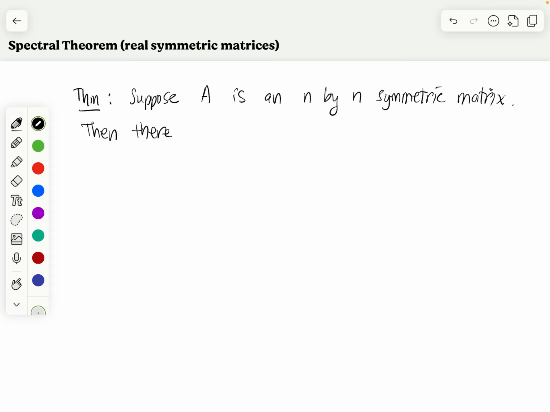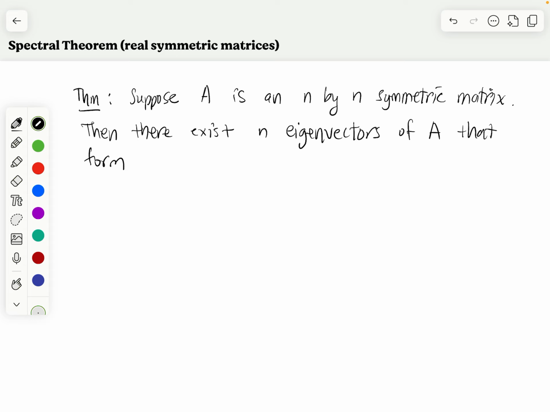Okay, so the theorem says that then there exist n eigenvectors of A that form, well, if you have n eigenvectors of A, they're not only linearly independent, but they can be chosen to be orthogonal.